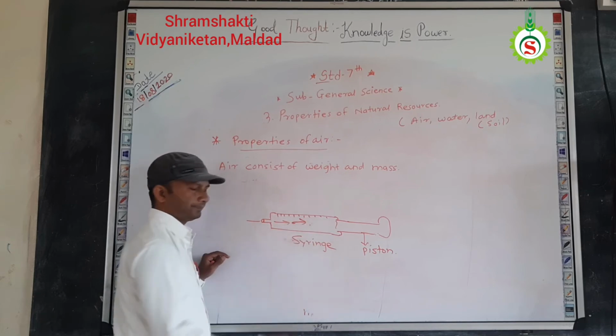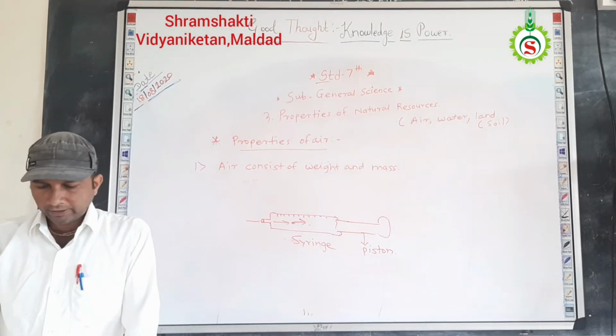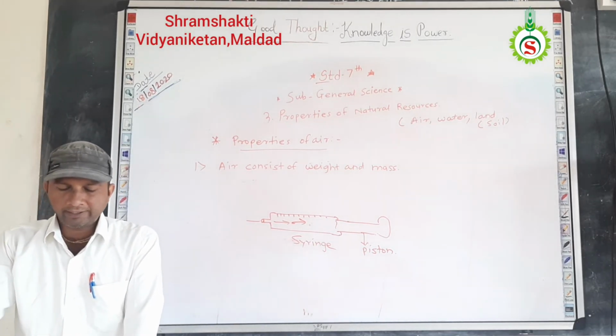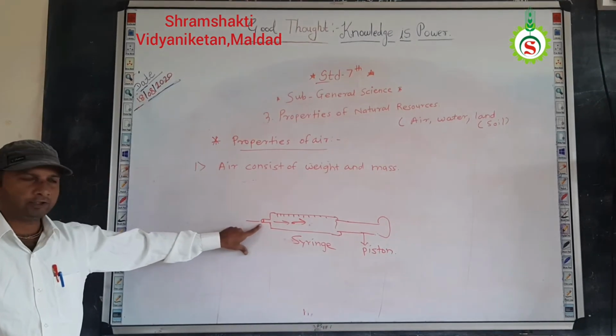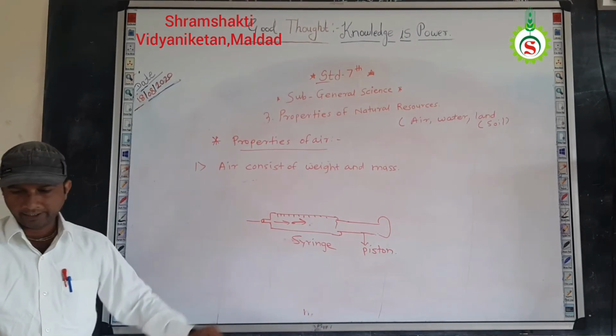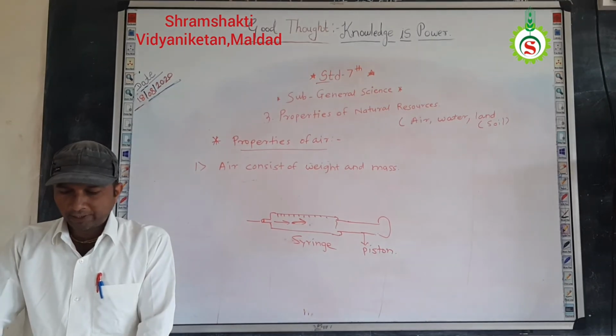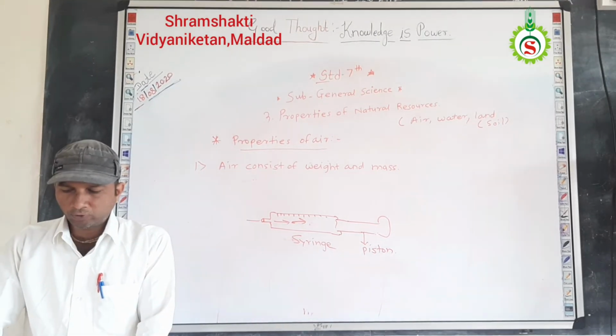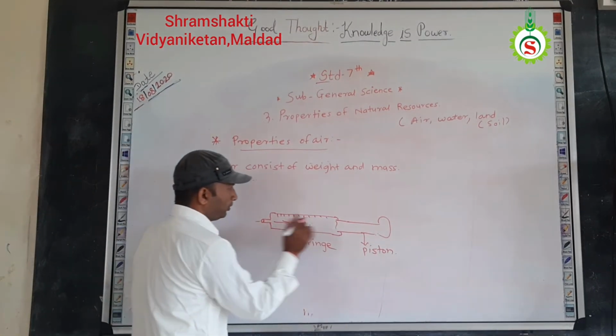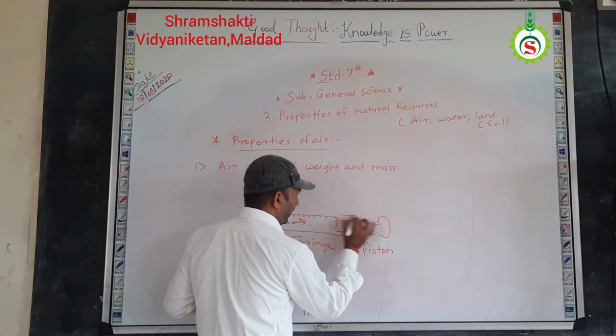So take an injection syringe without a needle. Here there is no needle. Pull the piston and observe as you do so. So you pull that piston backside.